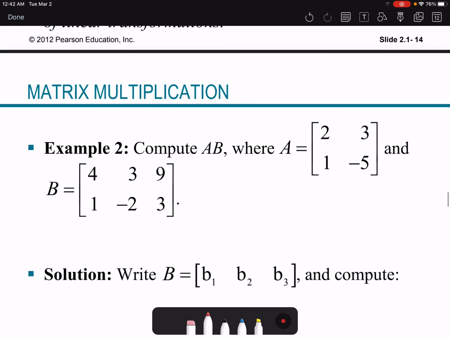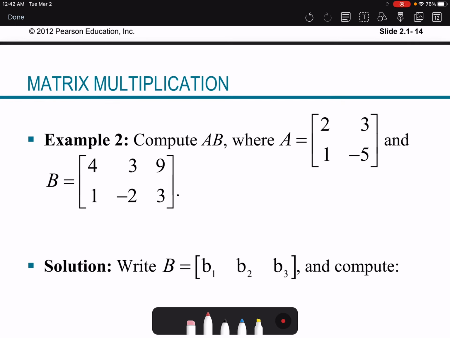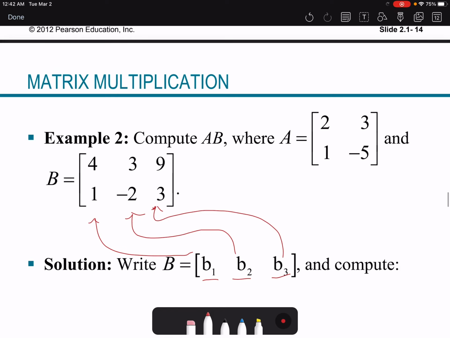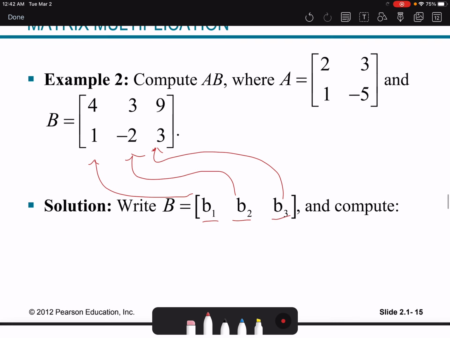So how do we multiply A times B? Well, if B is B1, B2, B3, actually B1 is 4, 1, B2 is 3, negative 2, B3 is what? 9, 3. And compute the following, AB1, all right? So A times B equals A times B1, the first column, B2, and what?